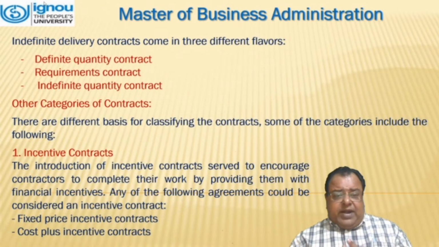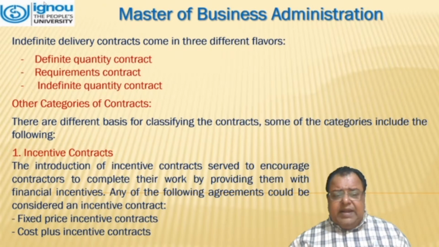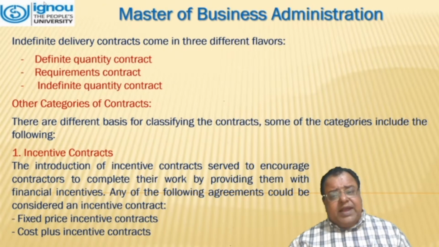Indefinite delivery contracts come in three different flavors: definite quantity contract, requirements contract, and indefinite quantity contract. Other categories of contracts: there are different bases for classifying contracts. Some of the categories include the following: incentive contracts.